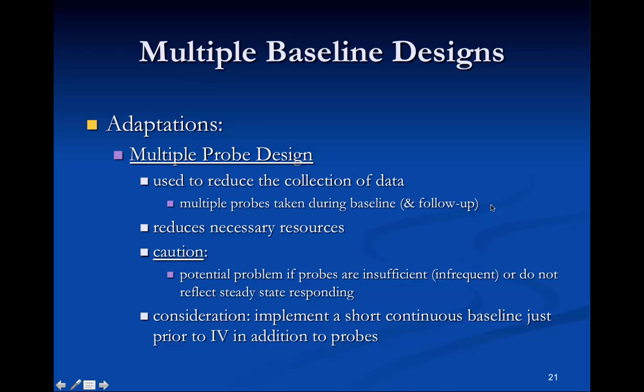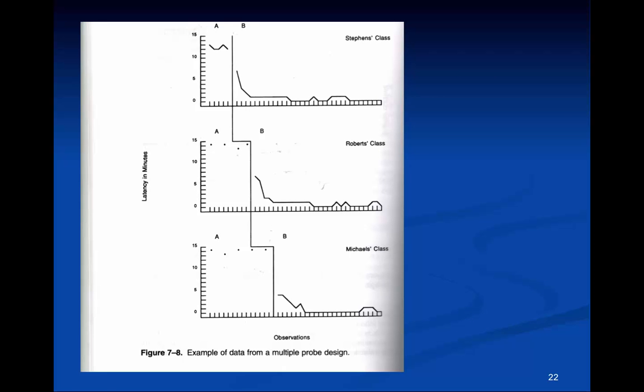So here are some adaptations to multiple baseline designs. The multiple probe is used to reduce the collection of data and reduce resources. Your book talks about this. Here's a multiple baseline across settings: Stephen's class, Robert's class, Michael's class.